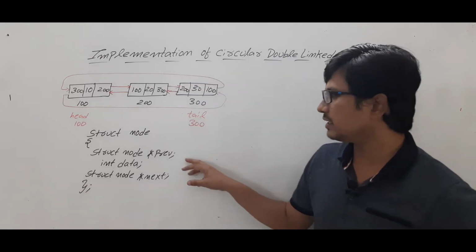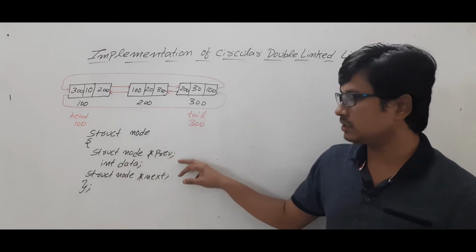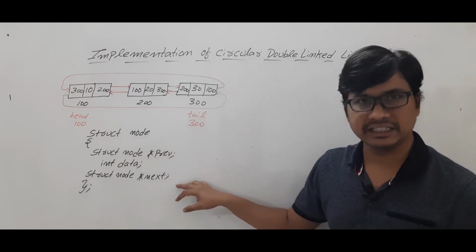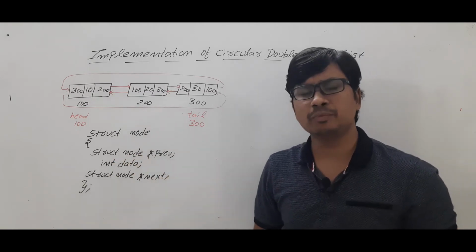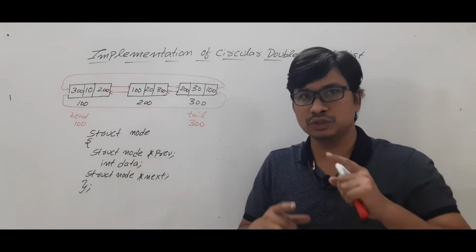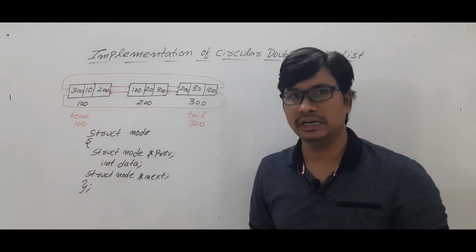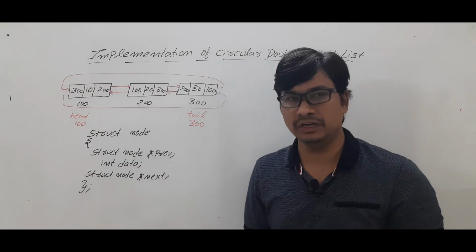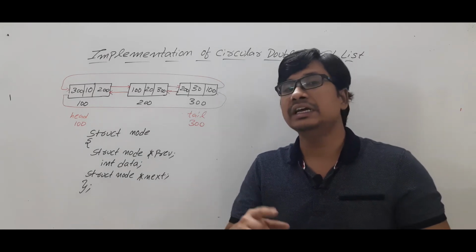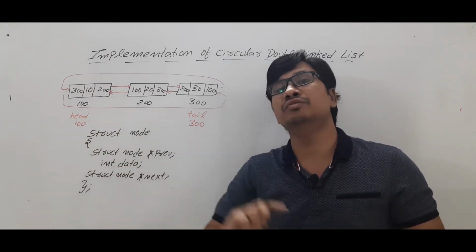Now look at here. We have 2 pointers, one is previous and another one is next. Now, what is the meaning of this? What is the use of a pointer? The use of a pointer is to store the address of another variable. If it is an integer pointer, it stores the address of an integer variable. If it is a float pointer, it is useful to store the address of a float variable.